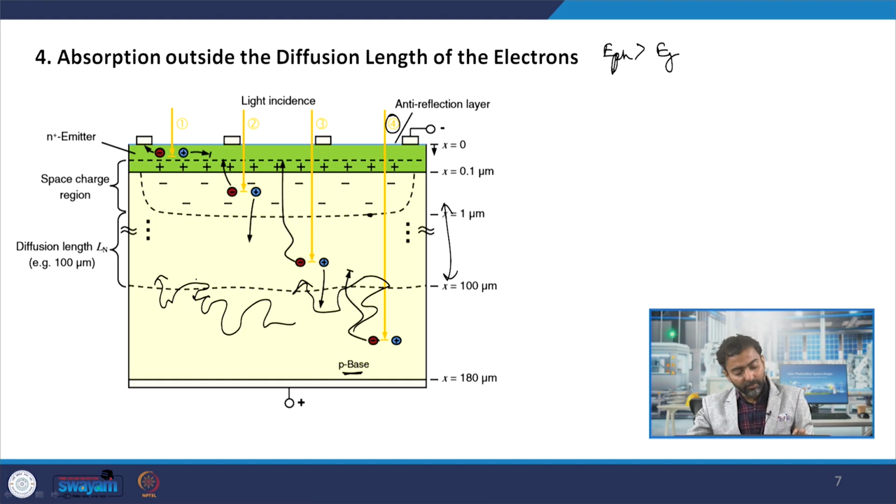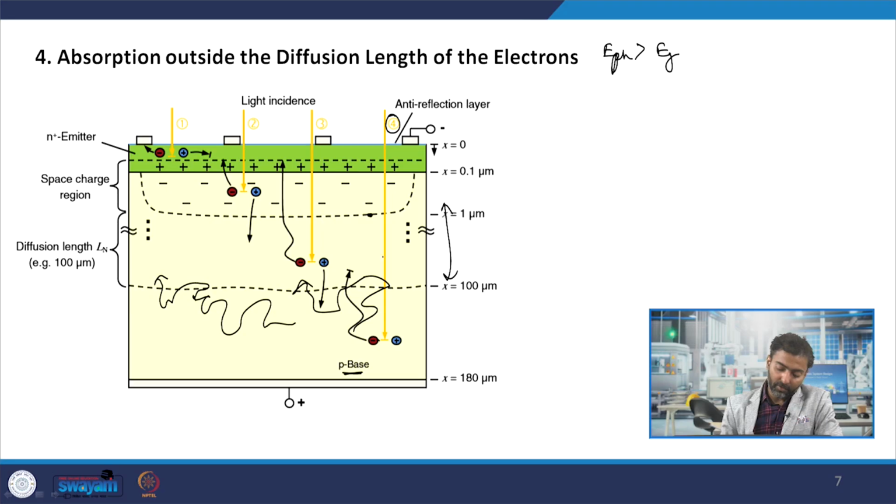So, there is a particular diffusion length for which it can move around, and some diffusion time for which it can remain independent, but after that time it gets recombined. We will look at carrier lifetime and diffusion length in more detail in the next lecture, but for now, qualitatively, we will understand that this particular photon number 4 again has a very low probability.